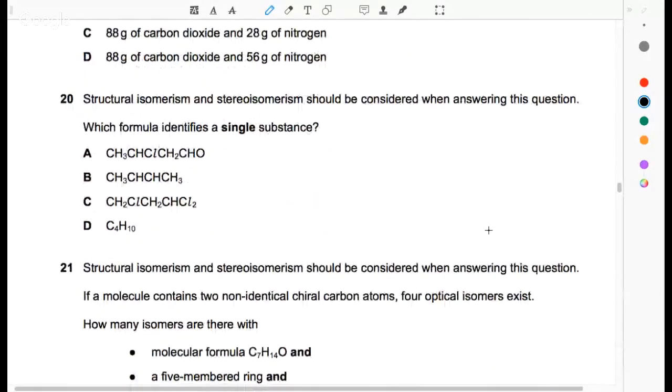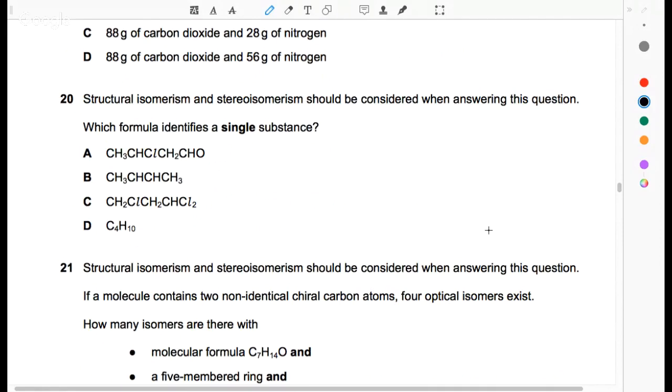Number 20, which is a single substance. Single substance means the one that has no isomers.